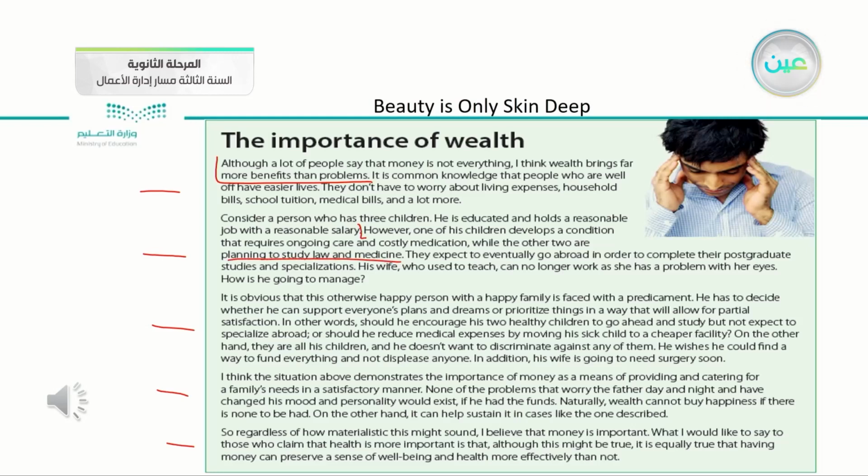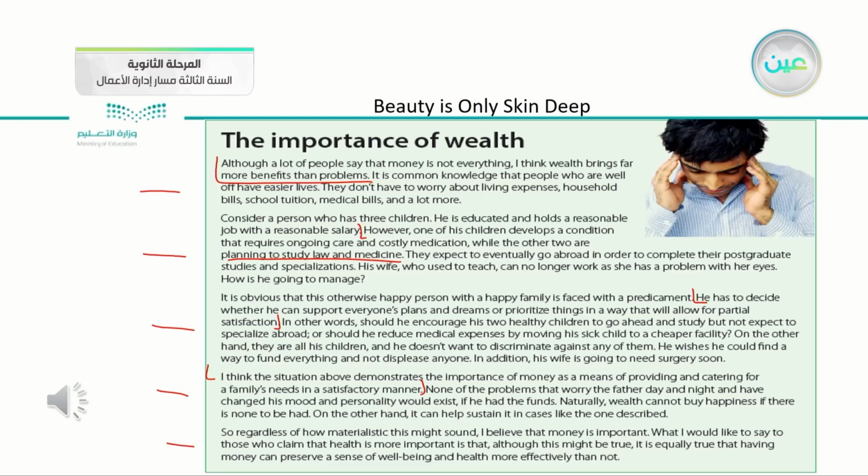He has here an example of something that requires having money. Another thesis statement in the third paragraph is he has to decide till the end of the sentence, which is satisfaction. In the fourth paragraph, the thesis statement starts with I think, the situation, until the word manner.